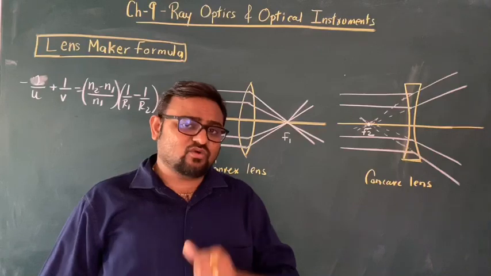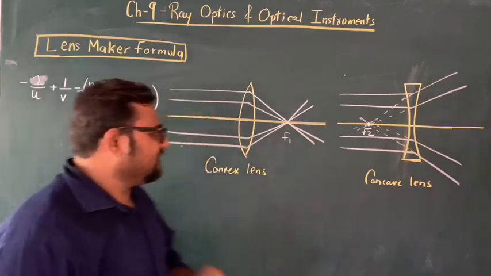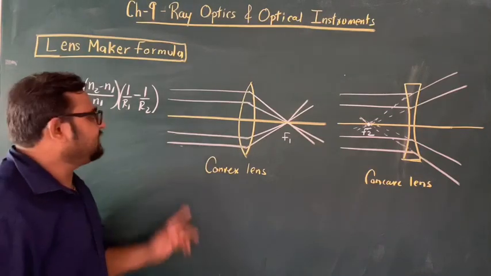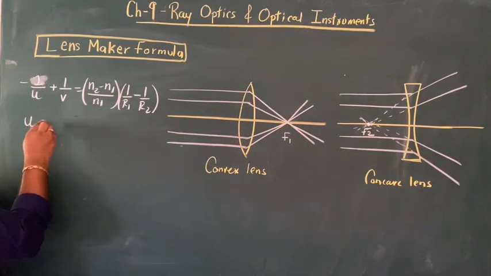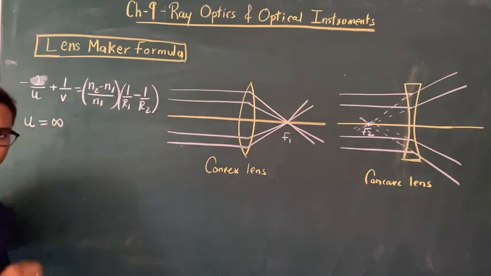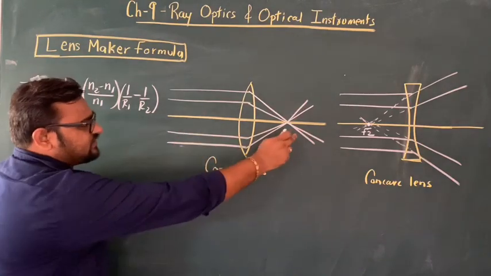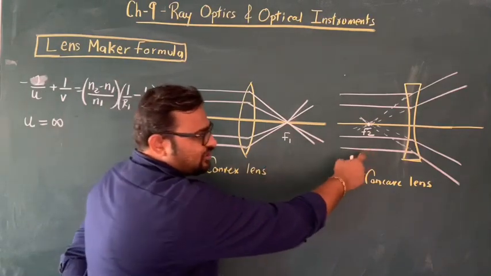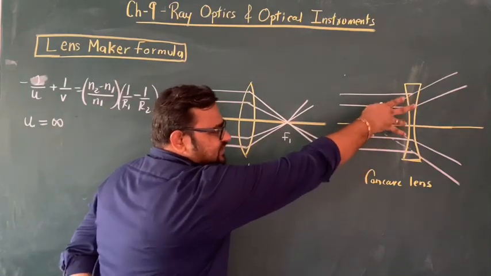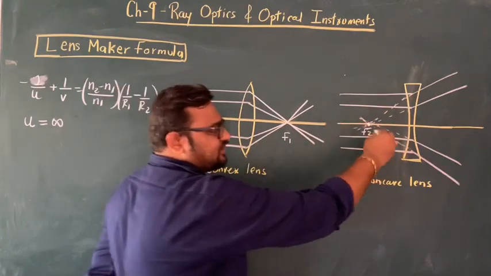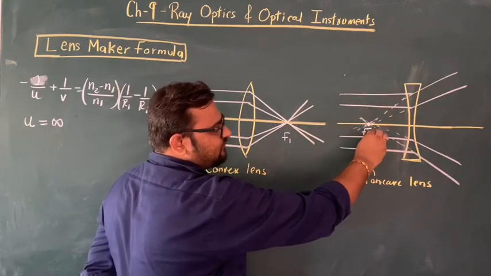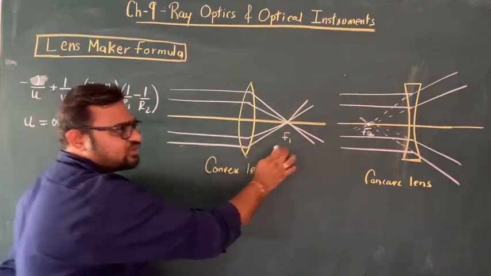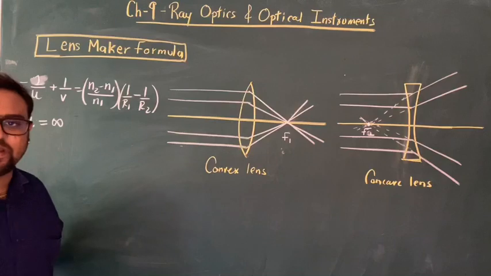Clear? So now we know that when the object is kept at infinity, that is when u equals infinity, the image will be at the focus in both cases. Here also, as it is a diverging lens, it is on the same side. So this is f1, and this is also the focus for this surface. In both cases the image is formed at f.